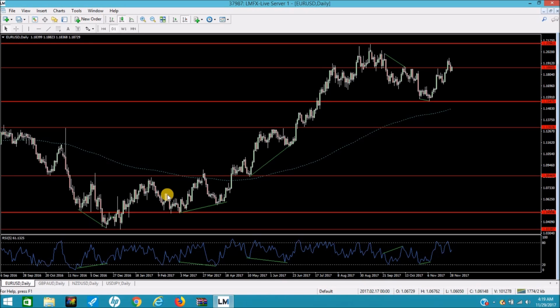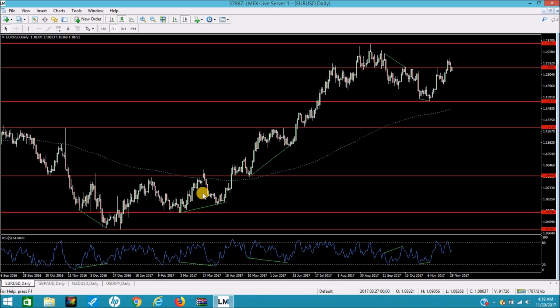But let's say we didn't catch the beginning of the trend, right? If you just open up your charts, the first thing you always want to do is identify the trend. That's number one, always. You want to see if the market's ranging, in a downtrend, or in an uptrend. So we open up our charts, and what does an uptrend consist of?